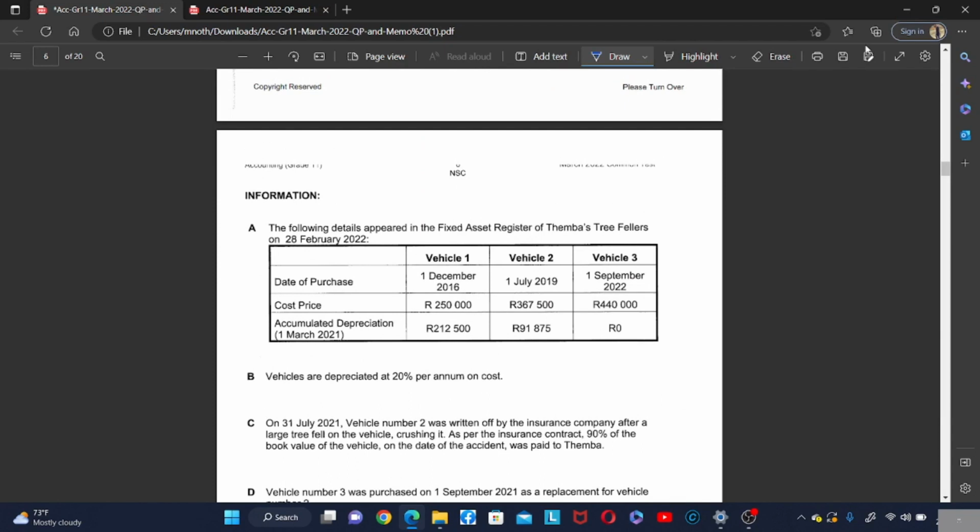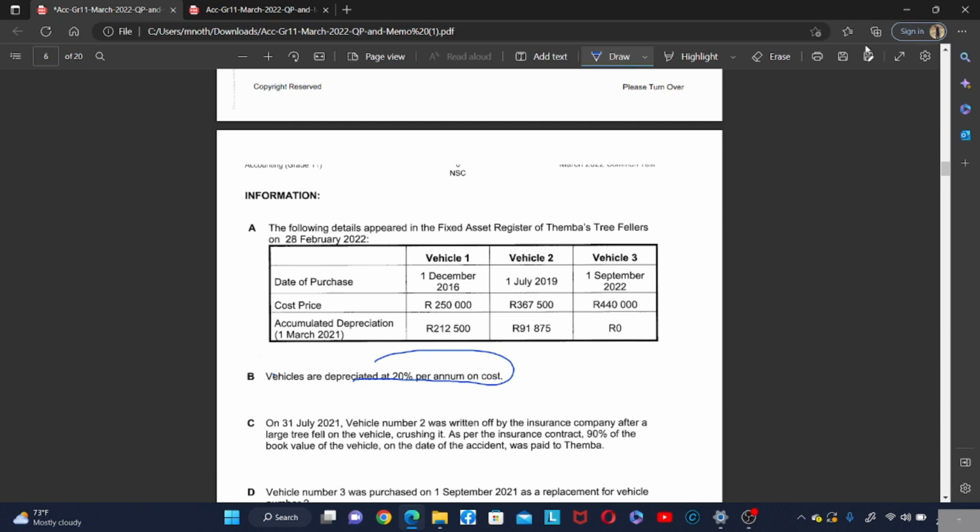The following details appeared in the fixed asset register of Timber Trees Fellers on 28 February 2022. Then you are told that the vehicles depreciate 20% per annum on cost.